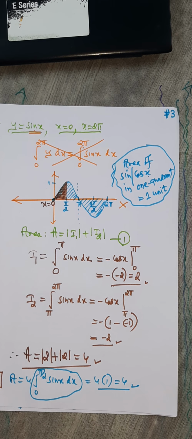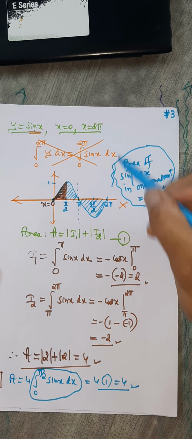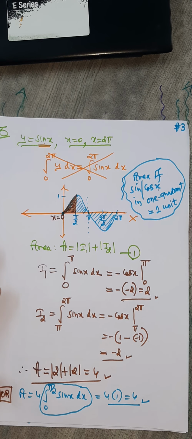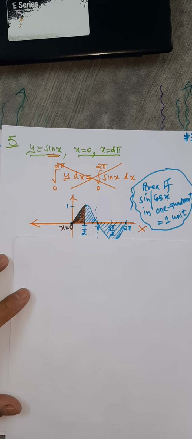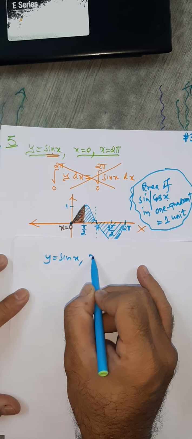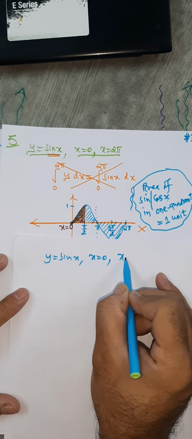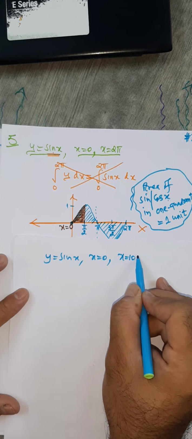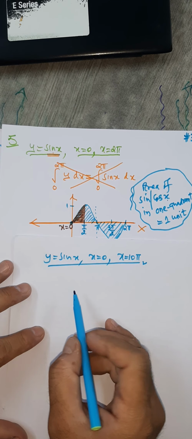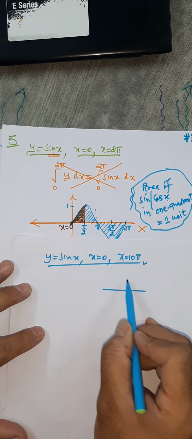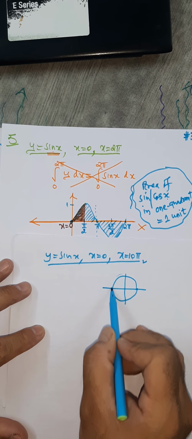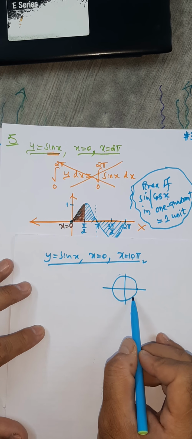Suppose in a question I make it 0 to 10, same question like this. Same question, area of y equals sine x from x equals 0 to x equals, let me write, 10 pi. Okay, so 10 pi means how many rounds around the unit circle? 1 round means 2 pi, 2 rounds means 4 pi, and 3 rounds means 6 pi.